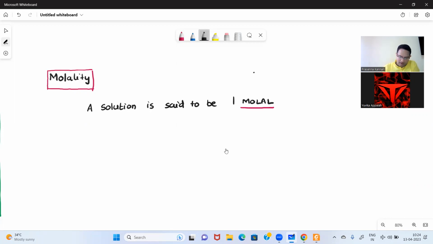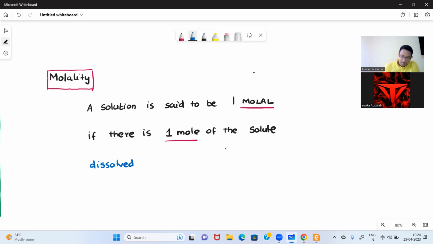A solution is said to be 1 molal if there is 1 mole of the solute dissolved in 1 kg of not the solution but the solvent. Is it clear, Viveka? Yes.